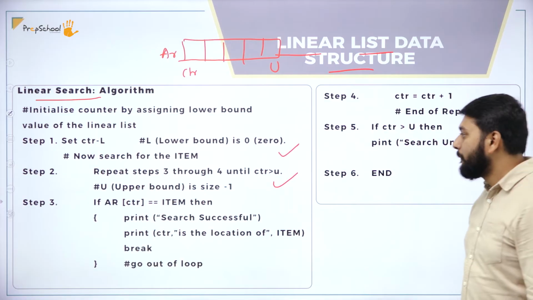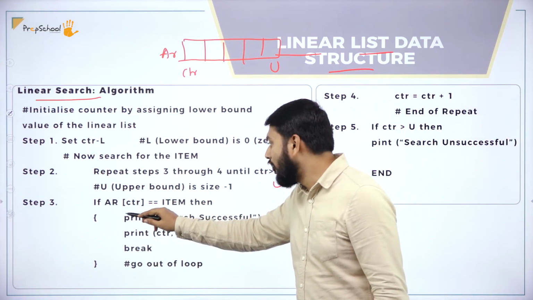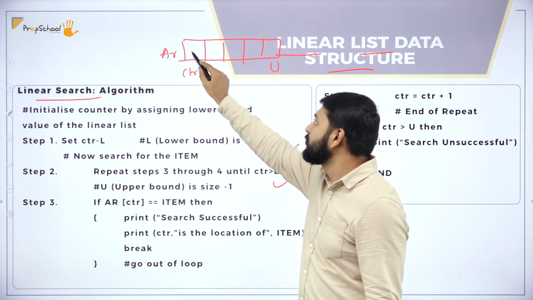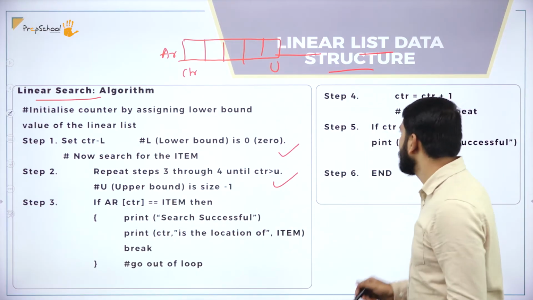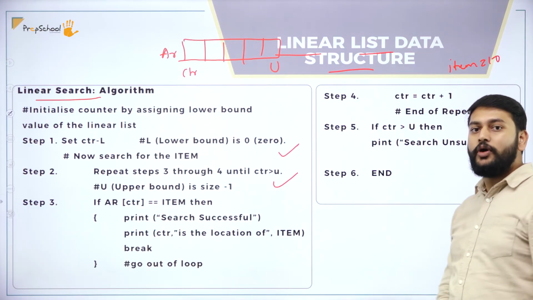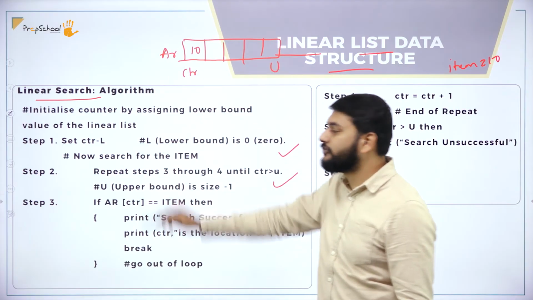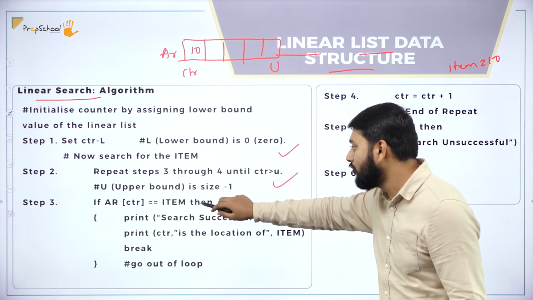Then after that, I'm comparing whether AR of CTR, this particular location, is equal to item. Let us imagine item is equal to 10. Suppose I have 10, so AR of CTR is equal to item.